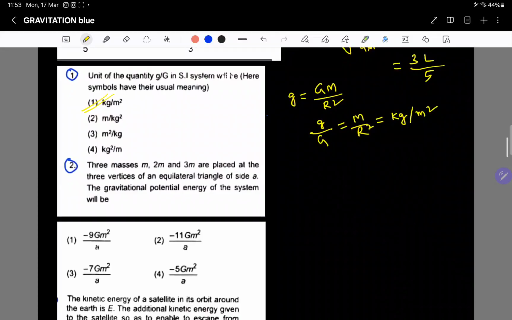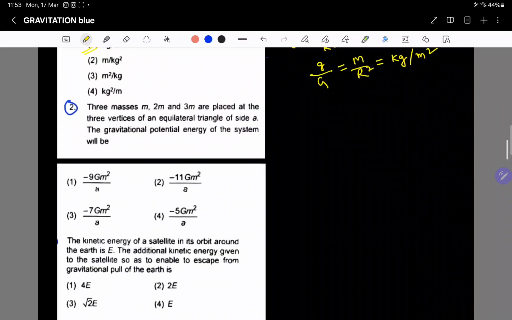Next, three masses m, 2m, 3m are placed at the three vertices of an equilateral triangle of side A. Find the gravitational potential energy of the system. It is also an important model, students.